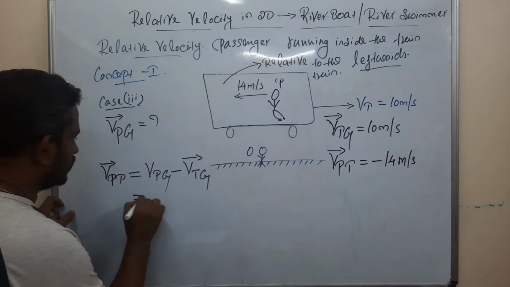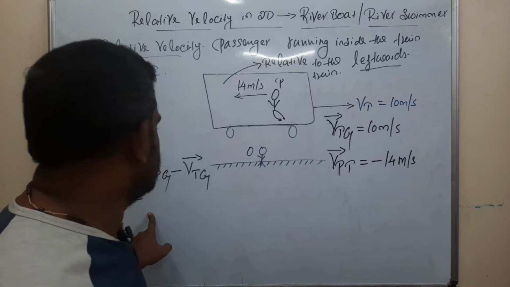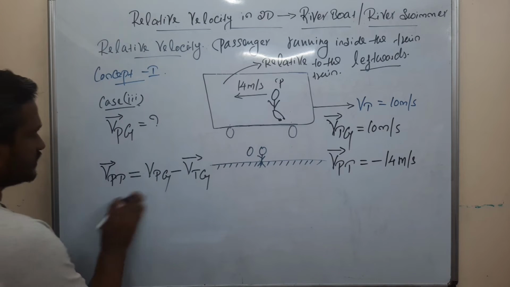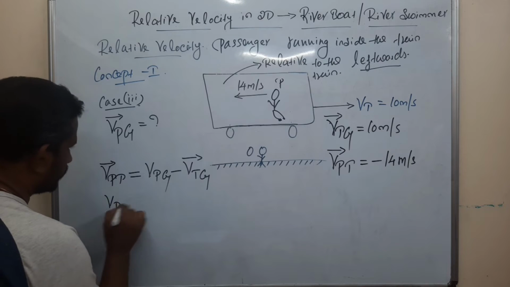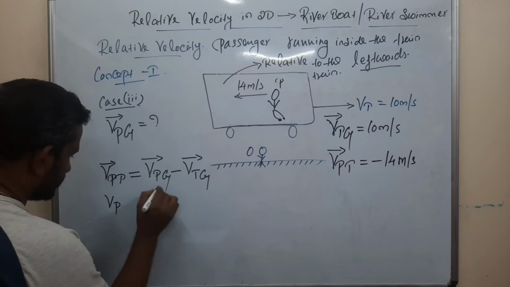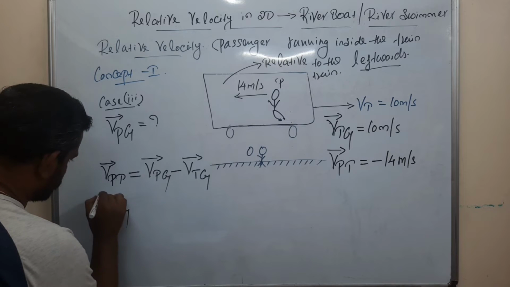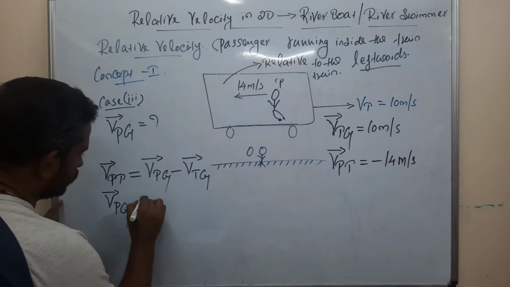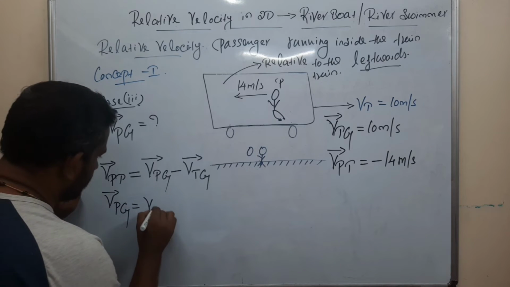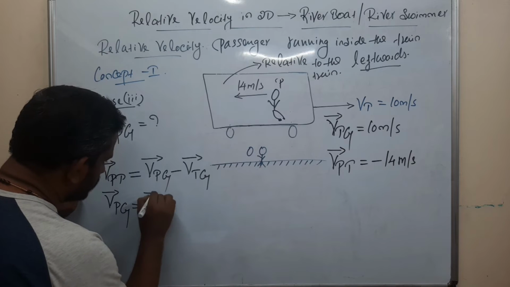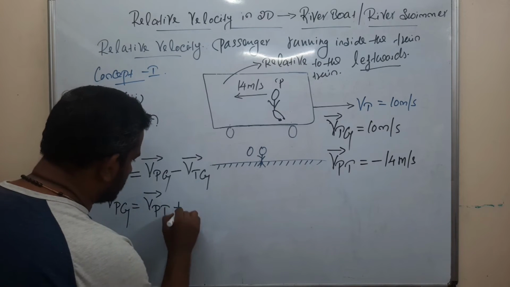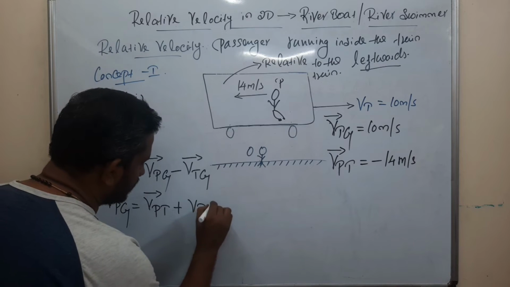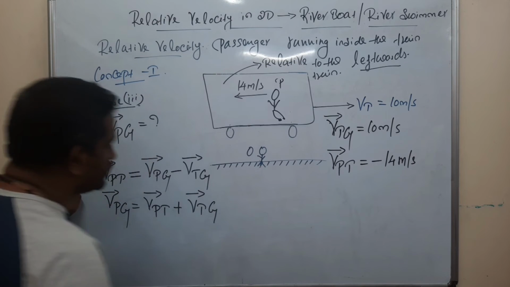So we have to find velocity of the passenger with respect to the ground, which is equal to velocity of the passenger with respect to the train plus velocity of the train with respect to the ground.